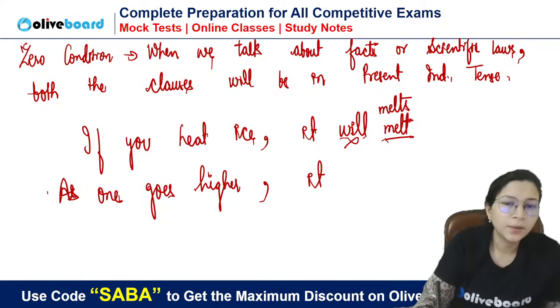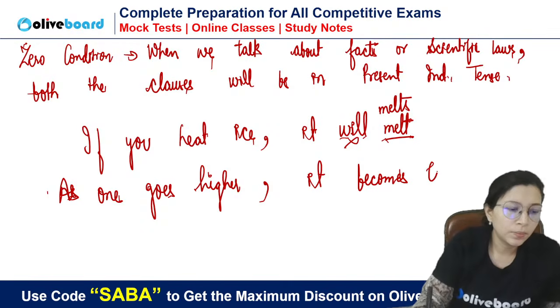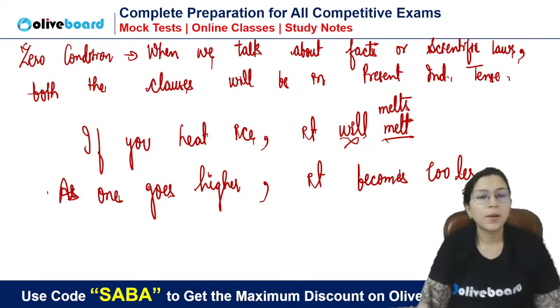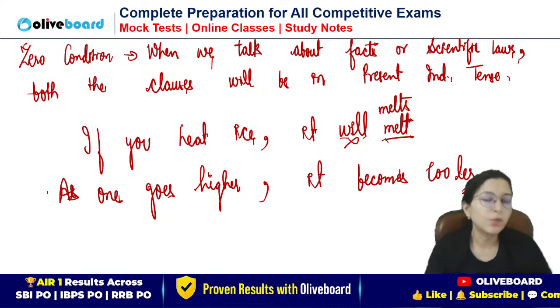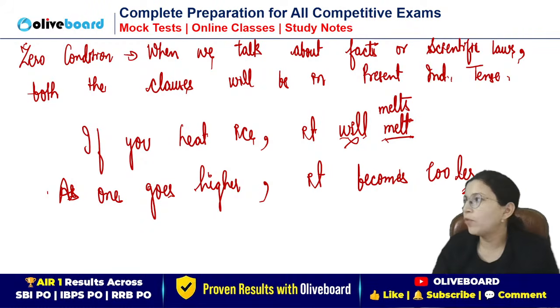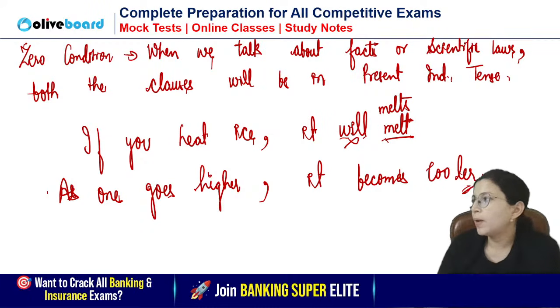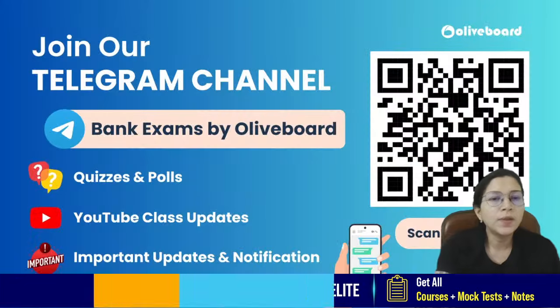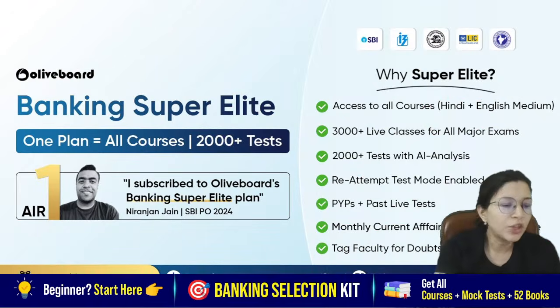It is also a fact. As one goes higher, it becomes cooler. So whenever we are talking about facts, both the clauses will be in present indefinite tense. Okay. Moving on to the second condition.